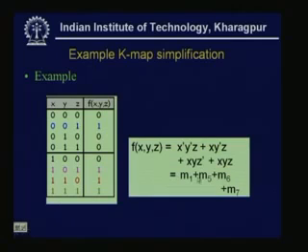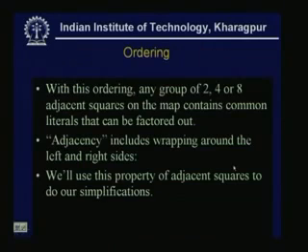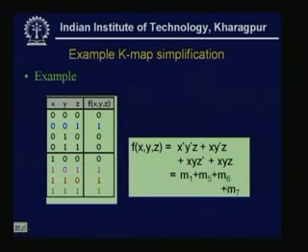For x y z dash, that means 1 1 0, the M6 term is 1. And 1 1 1 means M7, which is also 1. So in the truth table the M1, M5, M6, M7 terms will be 1.